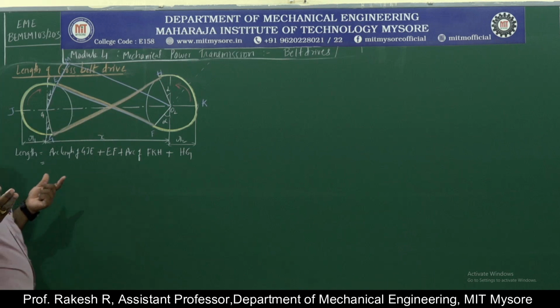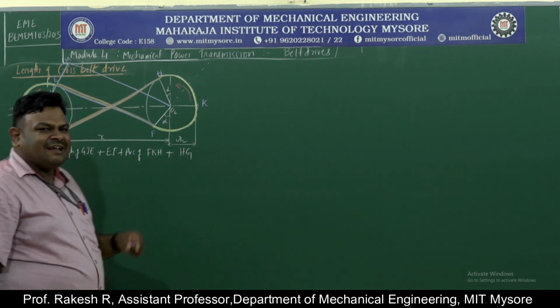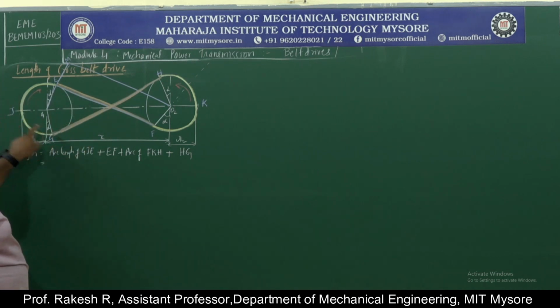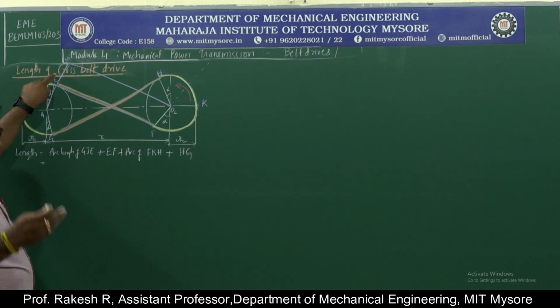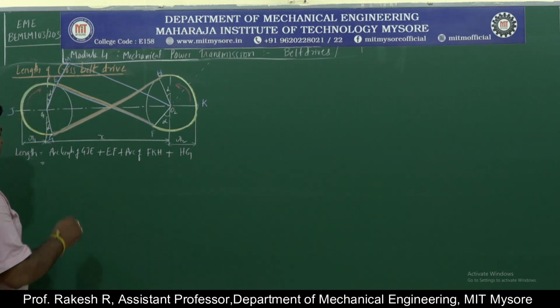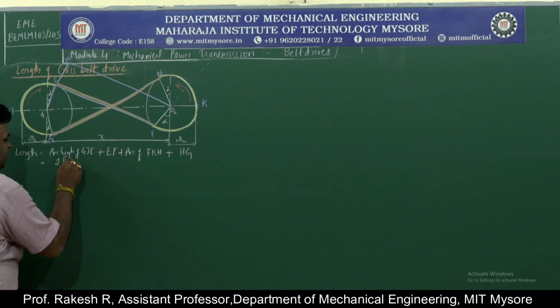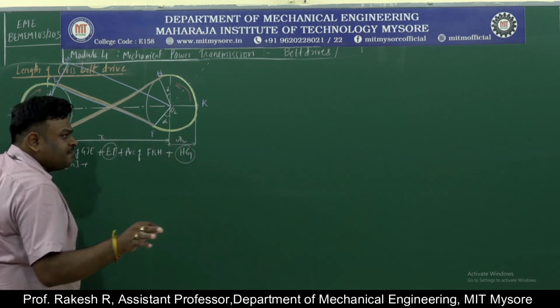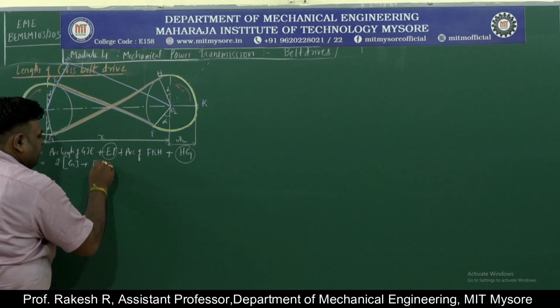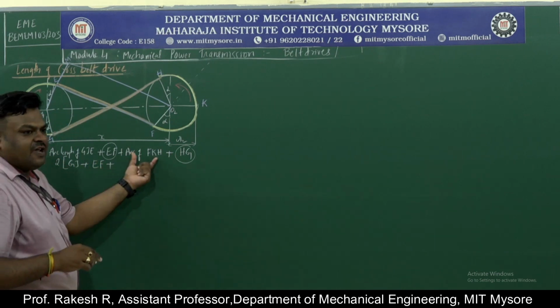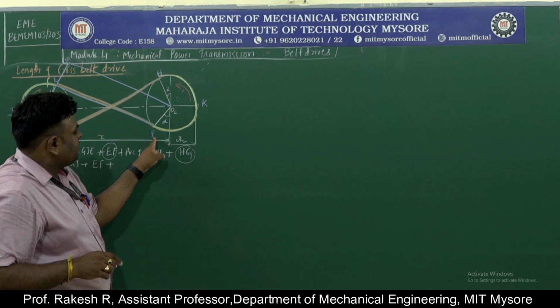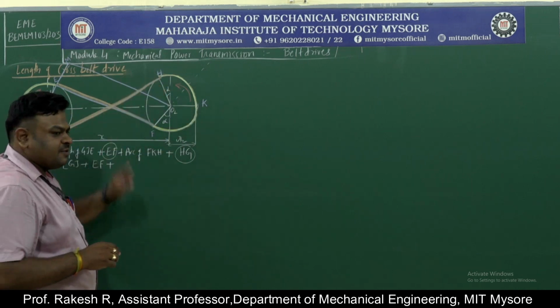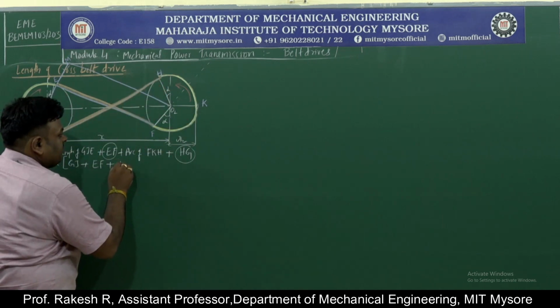Again same like an open belt drive, GJE is nothing but GJ plus JE. So we can write it as 2 into GJ plus JE. So 2 into GJ, plus again EF and HG are same, so 2 into EF, plus FK and KH are same, 2 into FK.